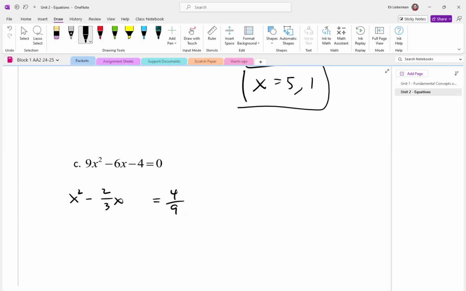See if you can finish this one. Yeah. Have to divide by 9 first. You can move the 4 over first.